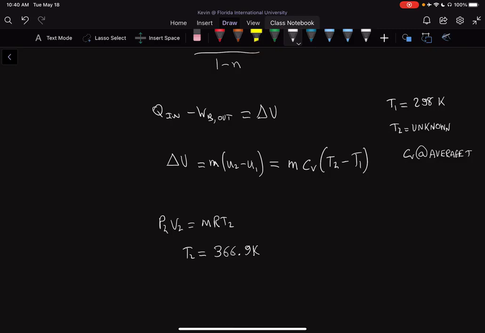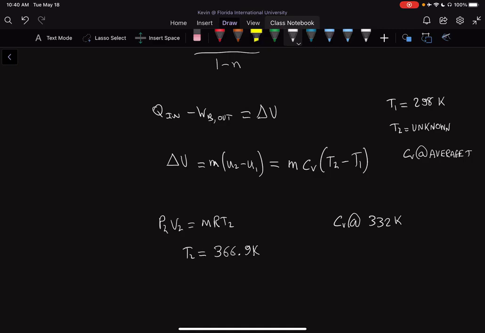So that means that CV should be found at a temperature that is average between 298 and 366.9. So that temperature is 332 Kelvin. So we know we're looking for a CV at 332 Kelvin.